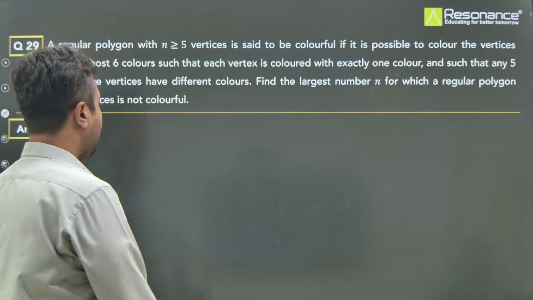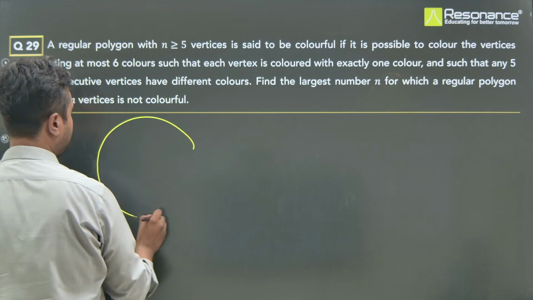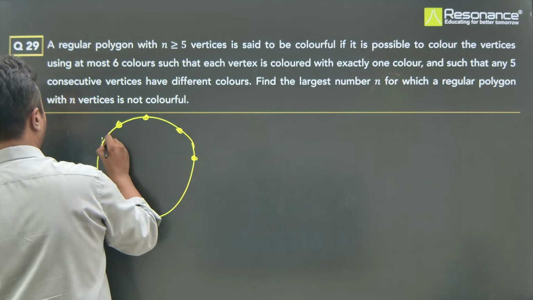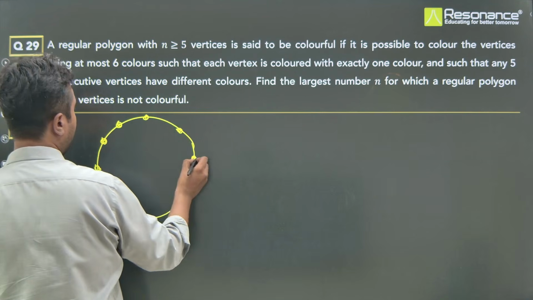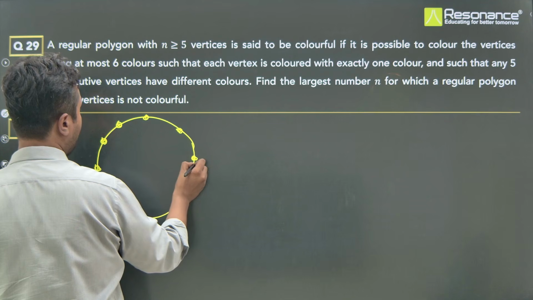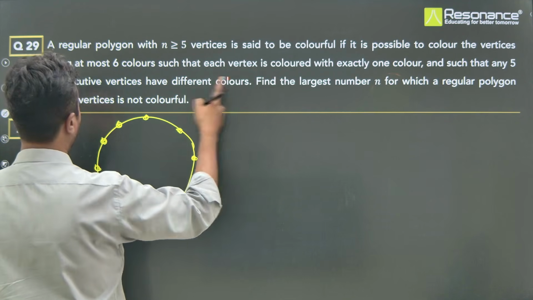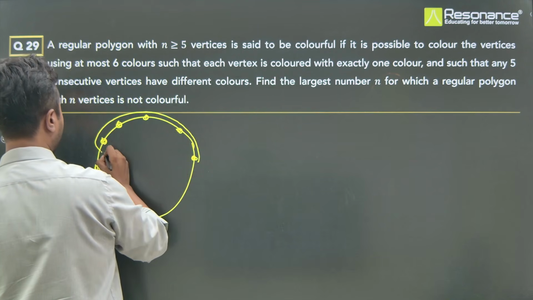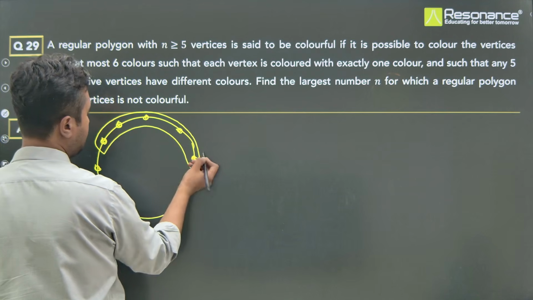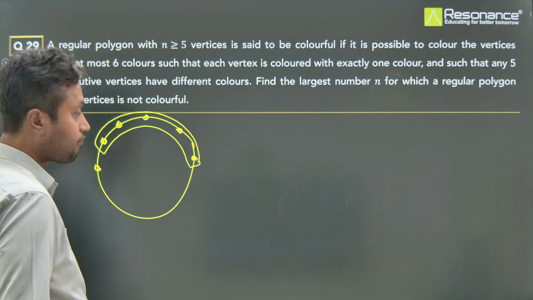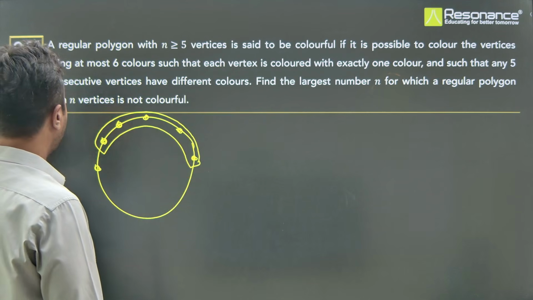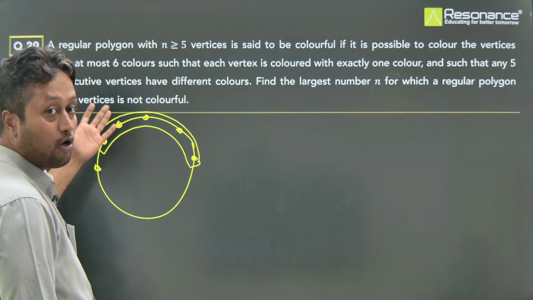So every consecutive 5, 1, 2, 3, 4, 5, all these must be of different colors. Now find the largest n for which a regular polygon with n vertices is not colorful.